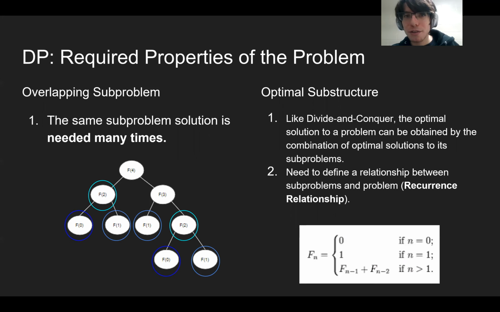Optimal substructure is like divide and conquer, in that the optimal solution to a problem you get to by combining optimal solutions of subproblems. It's not quite like greedy, and it's not quite like divide and conquer, but it's similar in a lot of ways. With greedy, remember we were talking about how if a solution is optimal locally, it's going to be optimal globally, or working towards the global optimal.